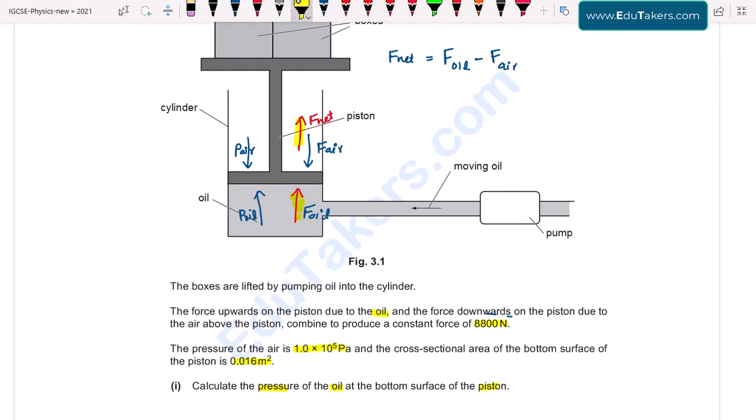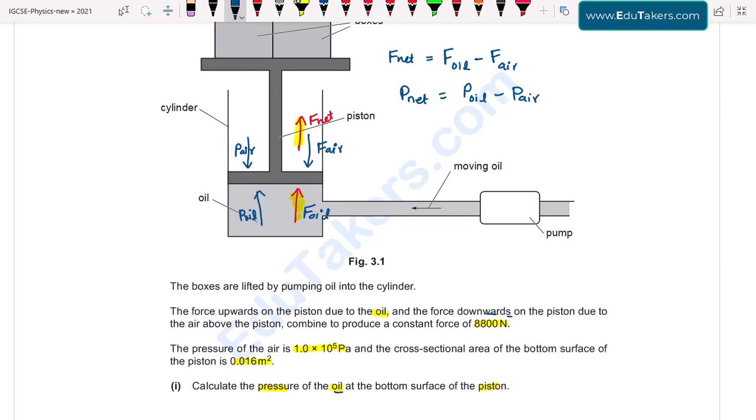That's why I write here the force due to oil minus the force due to air. So there are also two pressures, one acting due to the oil and second acting due to the air. So the net pressure will be equal to the pressure due to oil minus the pressure due to air.